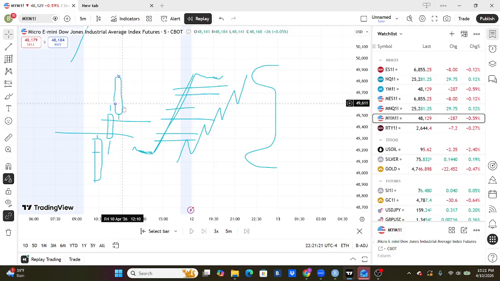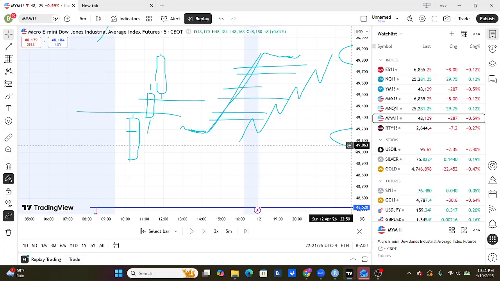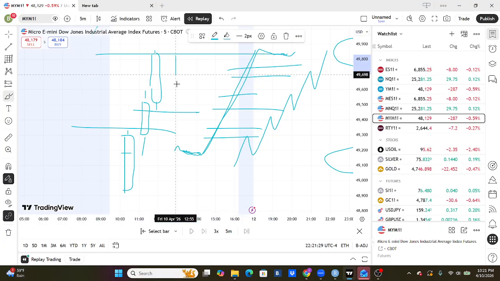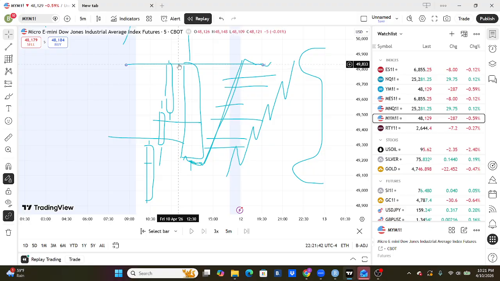And the logic behind the inverse fair value gap, this is why it was made, by the way: you hit a high right here, you reverse, and you close. You get a closure, not just a wick below. That means price hit all these limit orders of people trying to buy. The closure is important because if it's just a wick, that means it reacts and rejects off that level.